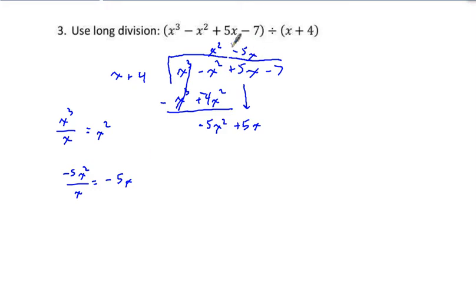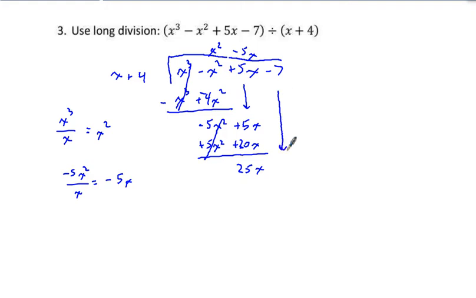After divide is multiply. Negative 5x times x is negative 5x squared. Negative 5x times 4 is negative 20x. We subtract, so the signs change. This cancels, and this is 25x.